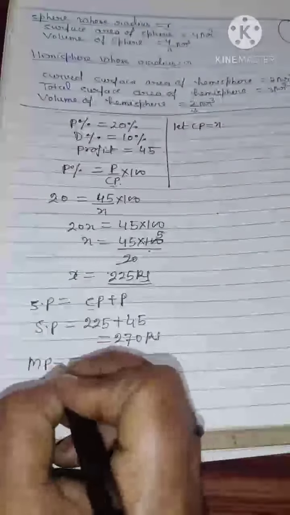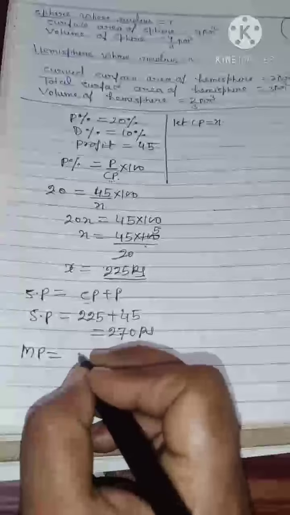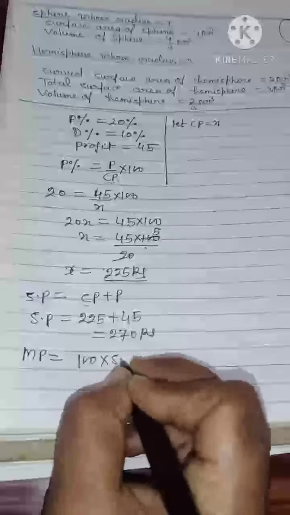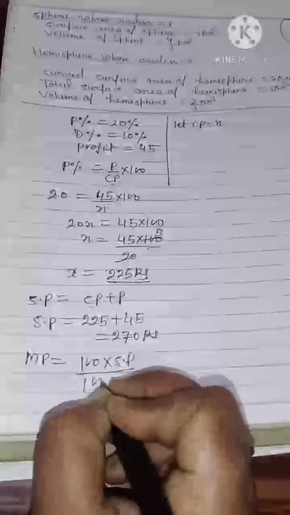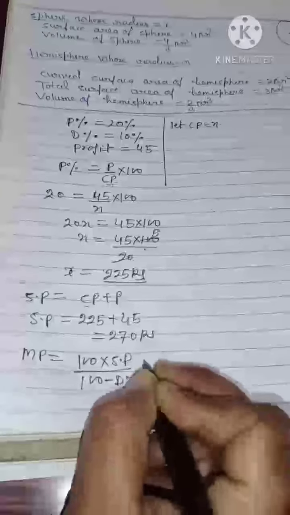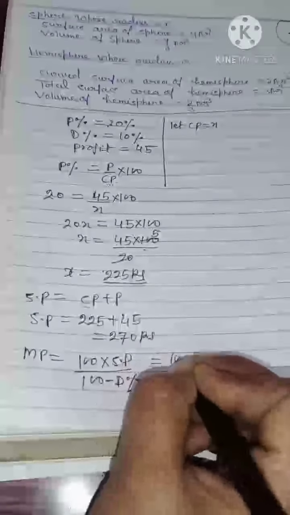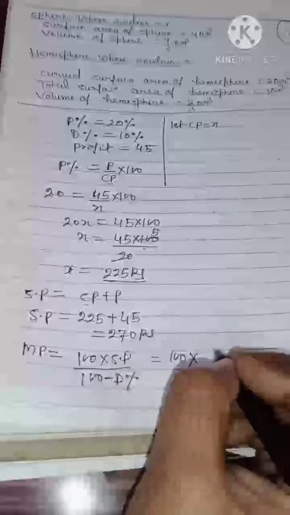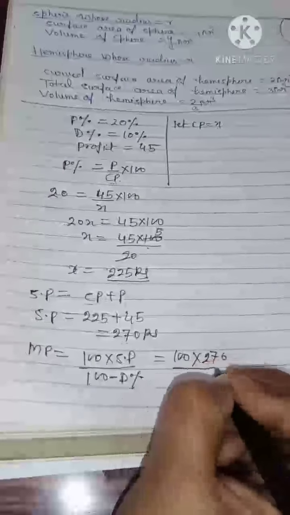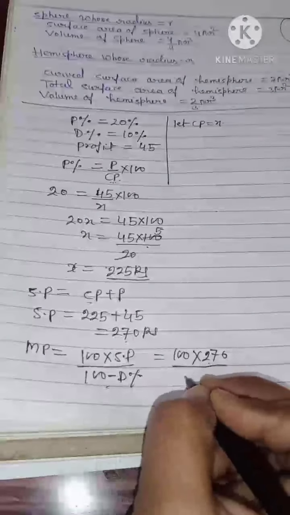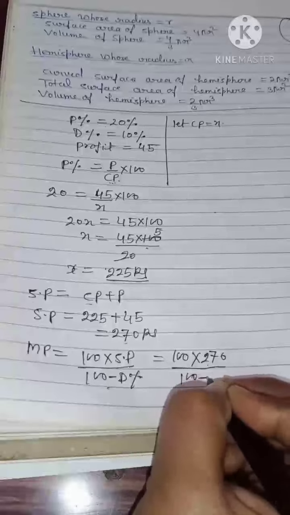What is the formula for marked price? It is equal to 100 into selling price upon 100 minus discount percent. Okay, so 100 into selling price, which is 270, upon 100 minus discount percent. 100 minus discount percent is 10.